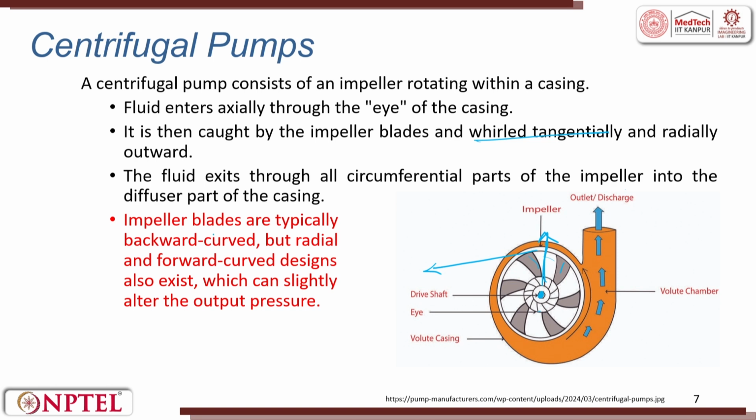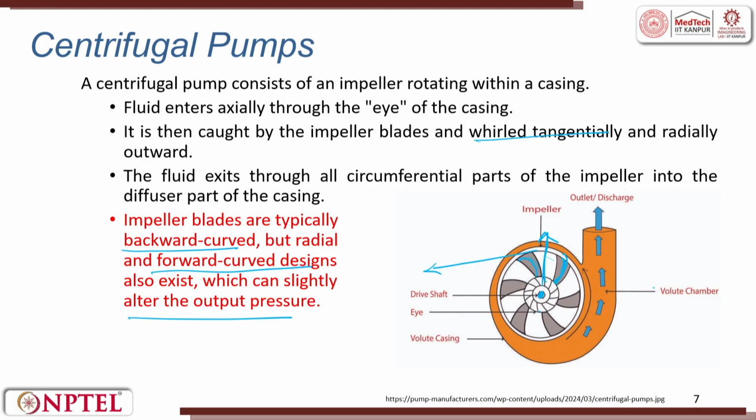The impeller blades are typically backward curved, but radial and forward curved designs also exist. So what they say is, this is backward, so backward curved. There can be radial, straight and forward curve designs also, which can significantly alter the outward pressure.